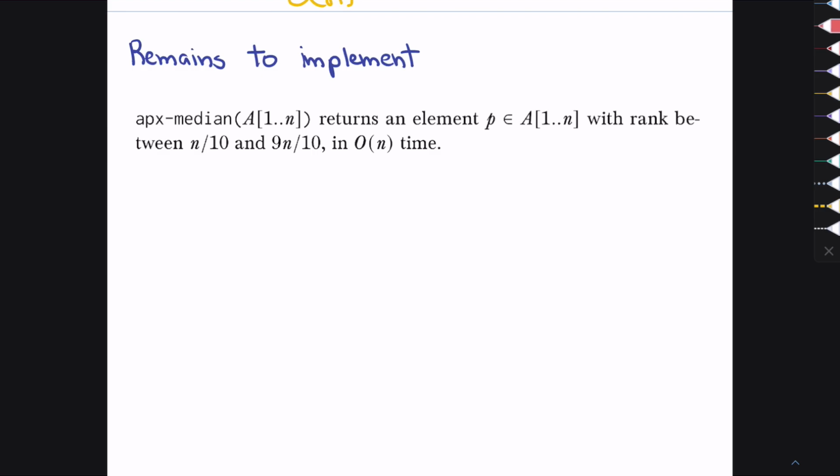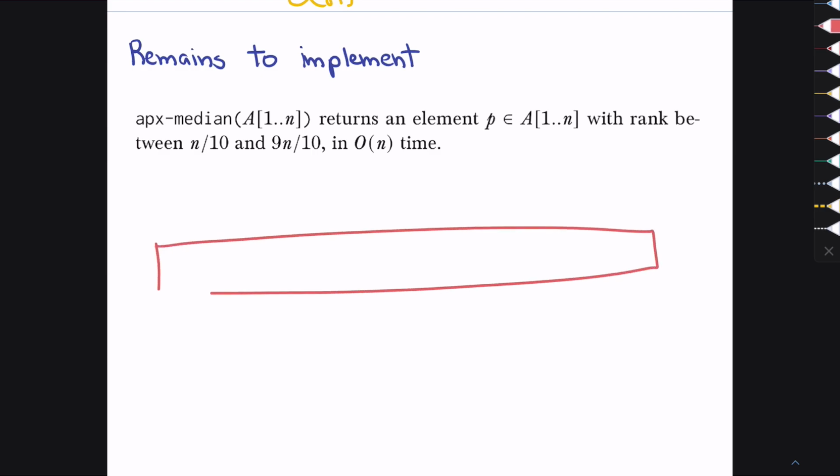Okay. So I'm going to kind of chunk it. This might not come out to 10, but yeah. Okay, so I can chunk it. Maybe we can somehow pick the smallest or largest element in each group.